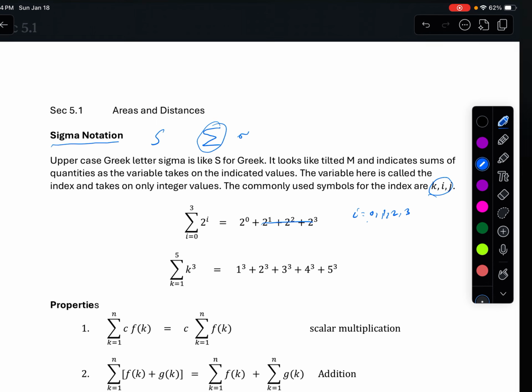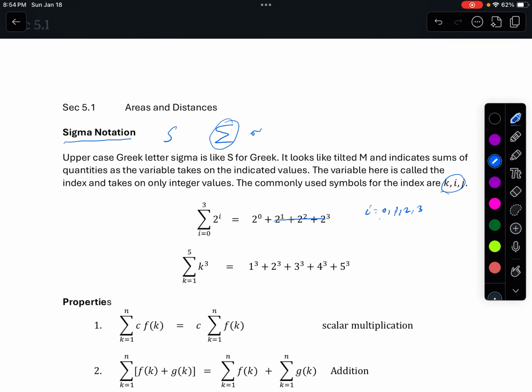But we are not going to write them with spaces in between. The summation sign is telling us to put a plus sign in between. Then again, because of the summation sign, I will have a plus sign, and the next value that i has to take is 2. So we get 2 to the 2, and then plus 2 to the 3, and that's it.